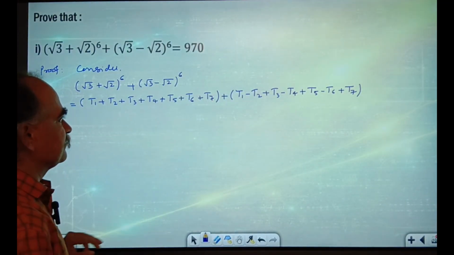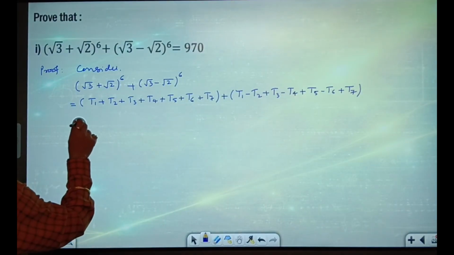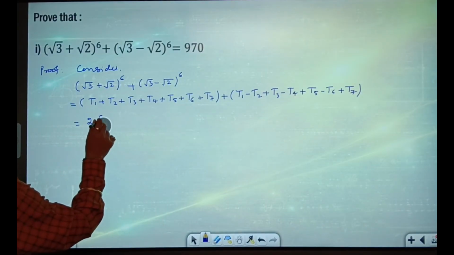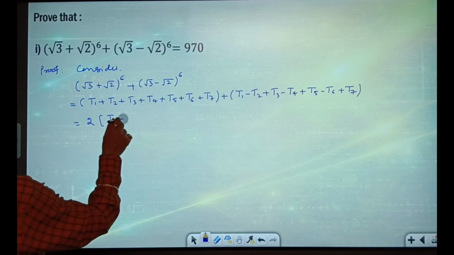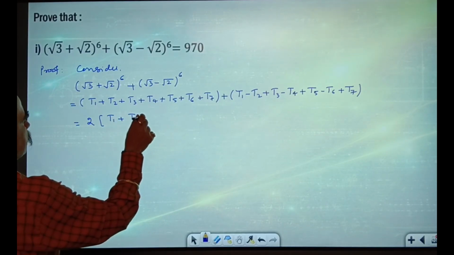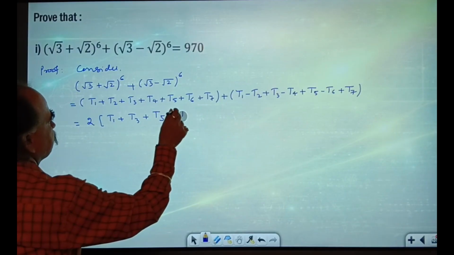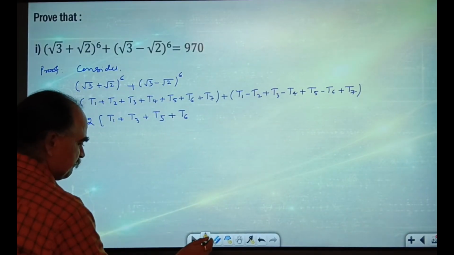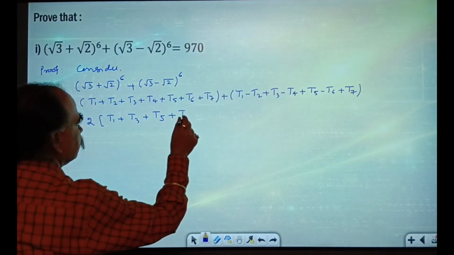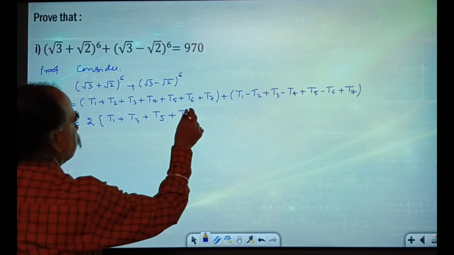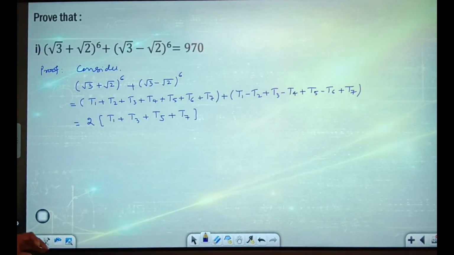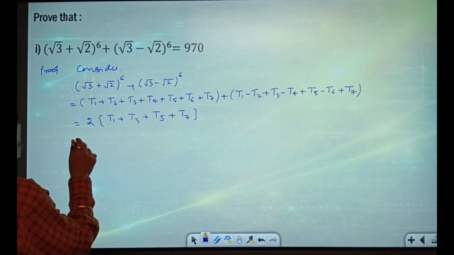So even terms will get cancelled and we will get 2 times odd terms, T1 plus T3 plus T5 plus T7. All even terms will get cancelled, we will get odd terms. How will we write?